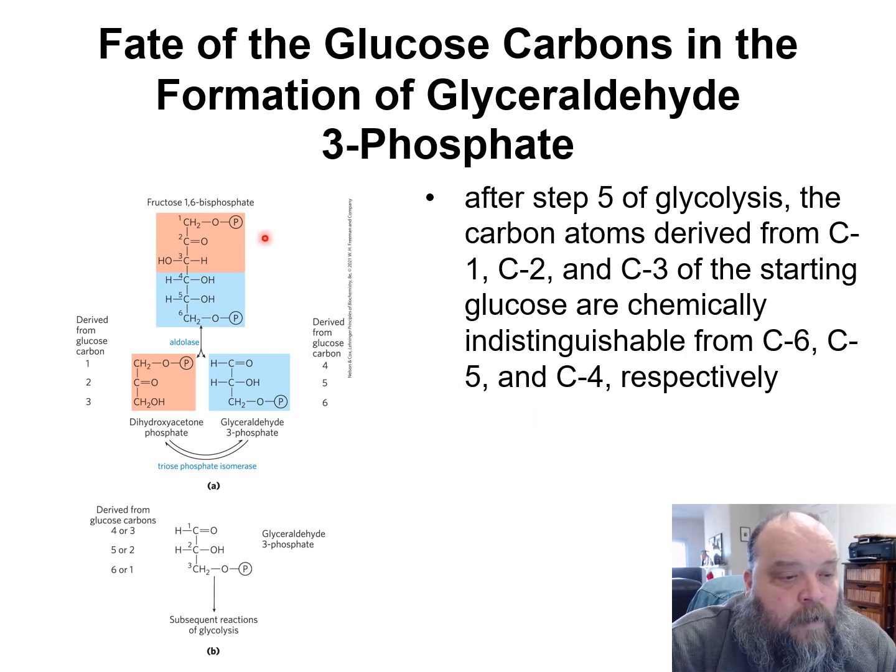So the fate of the glucose carbons: carbons 1, 2, 3 will become the dihydroxyacetone phosphate, carbons 4, 5, 6 become G3P. G3Ps will then ultimately become carbons 1, 2, 3 of pyruvate at the end of glycolysis.